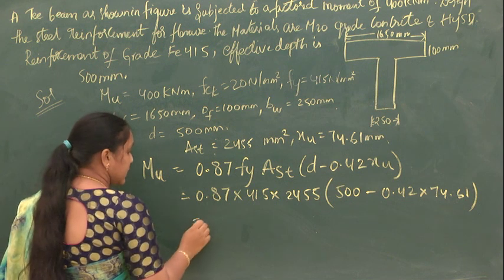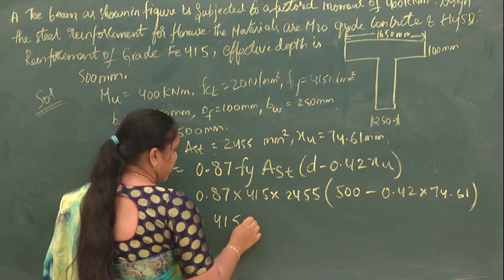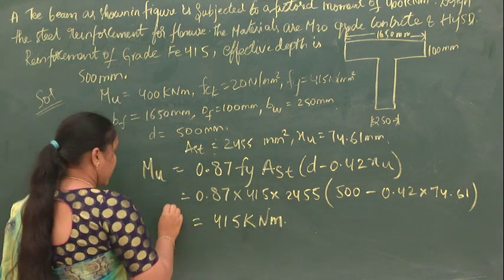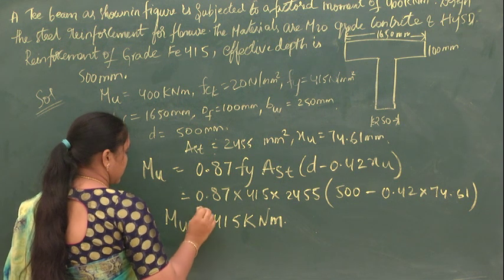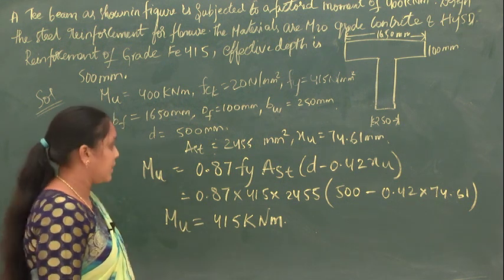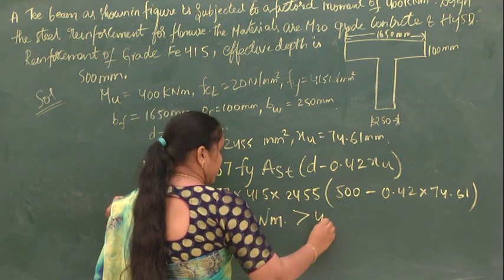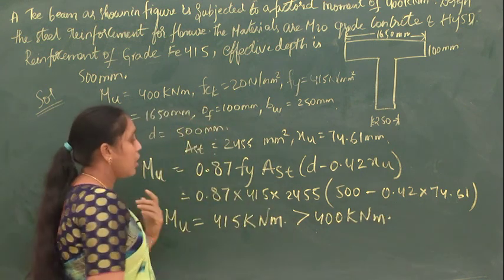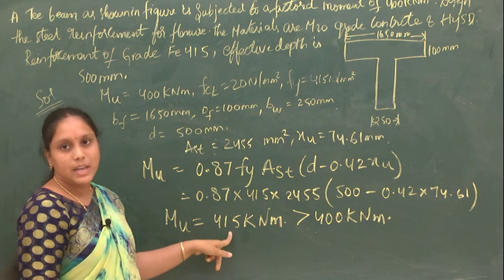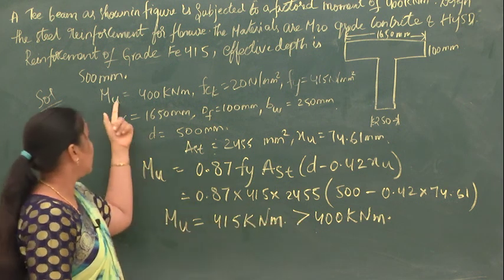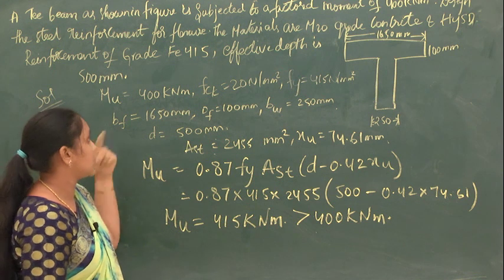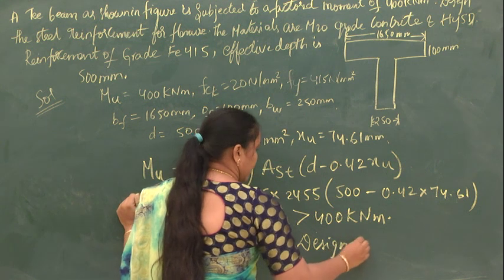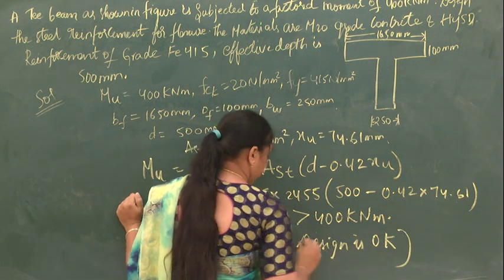So if you calculate this, you will get a value of 415 kilonewton meter, which is greater than 400 kilonewton meter. So what? The designed one is greater than the actual moment which has to be carried. So the design is okay.